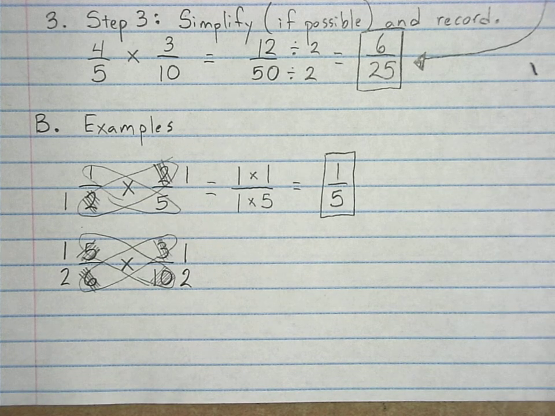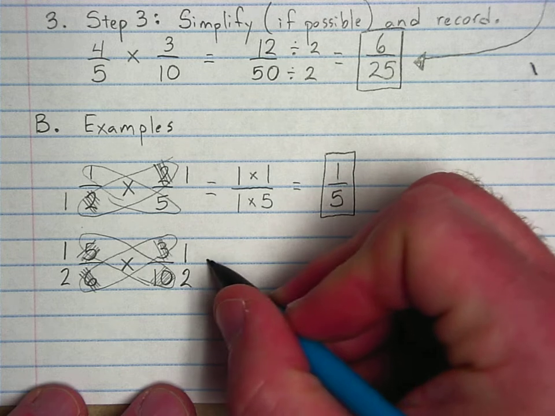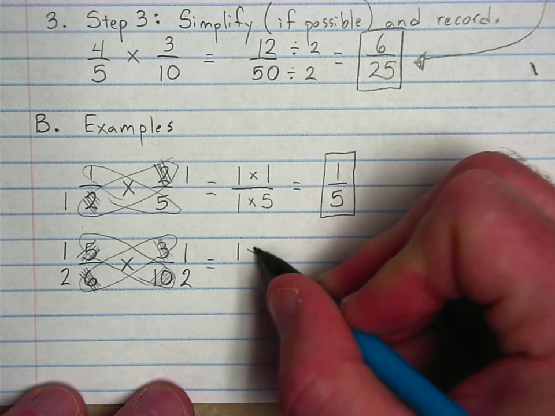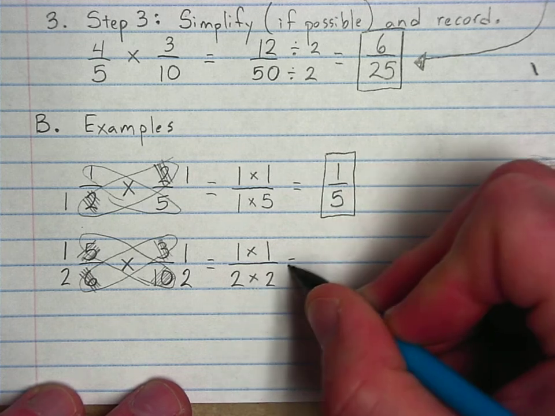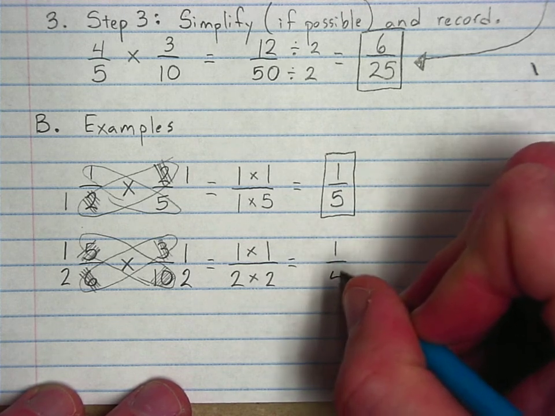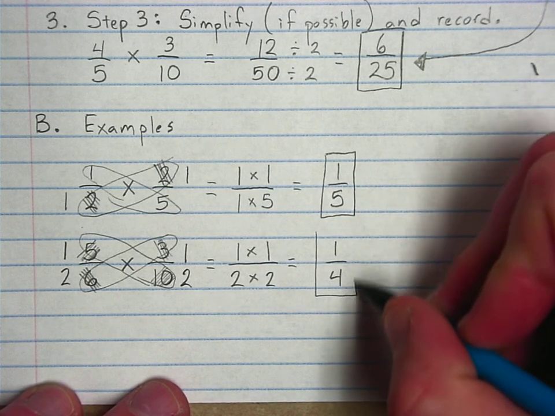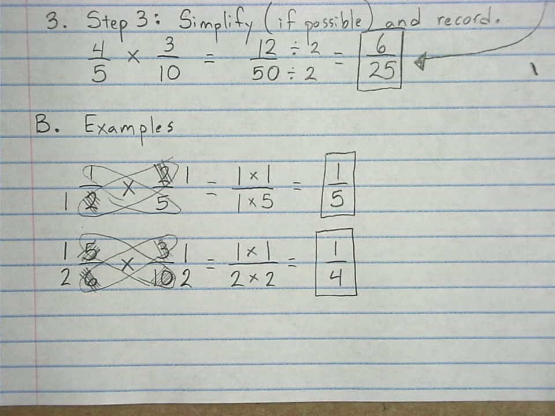So now, where we had 5/6 times 3/10, now we have 1/2 times 1/2. 1 times 1 across the numerators, 2 times 2 across the denominators, making our final answer 1/4. Another unit fraction. Nice.